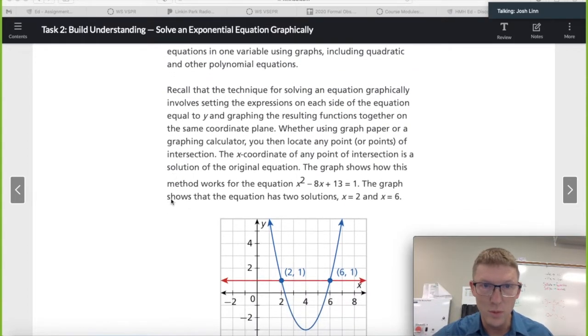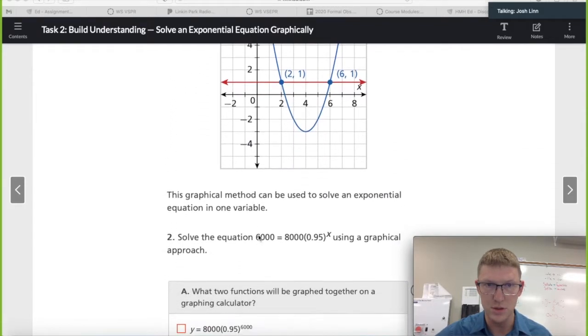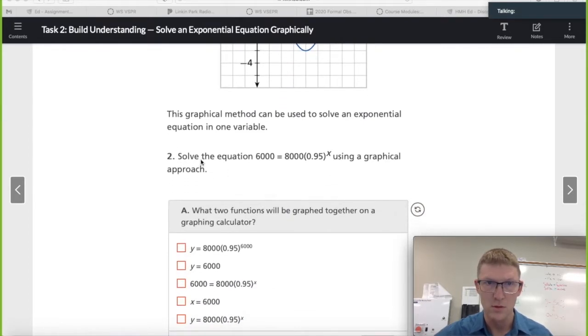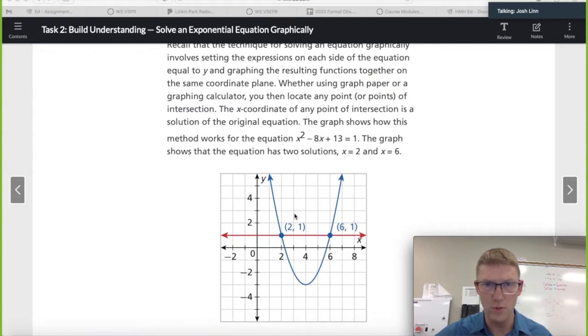So let's see here, what do we got here? So we've got the equation, then the graph equation shows two solutions. Okay, we've done that. This is a review of what we've done using graphing.